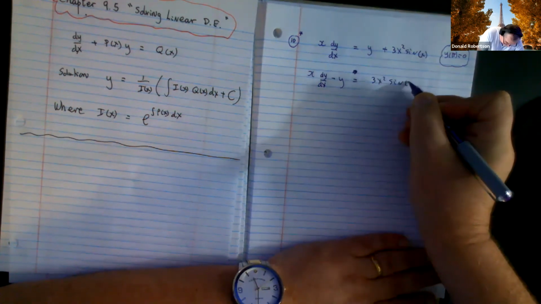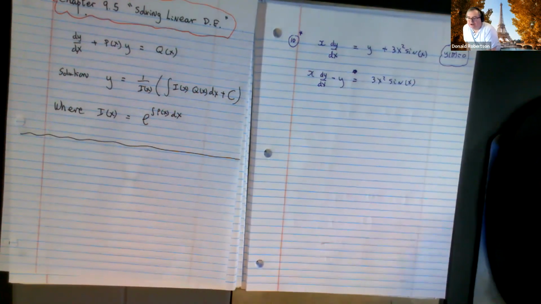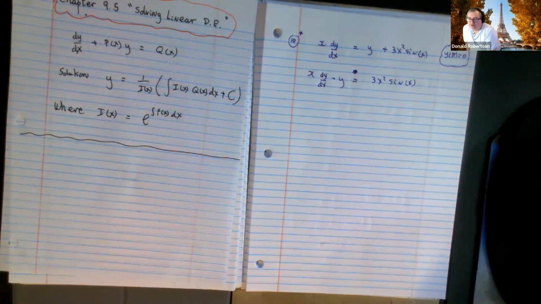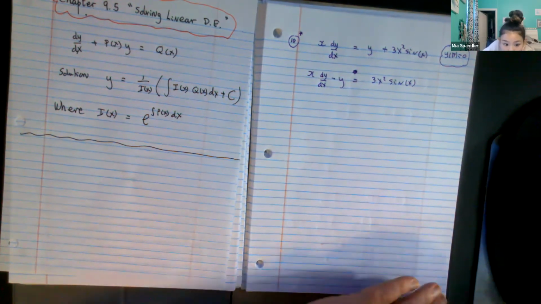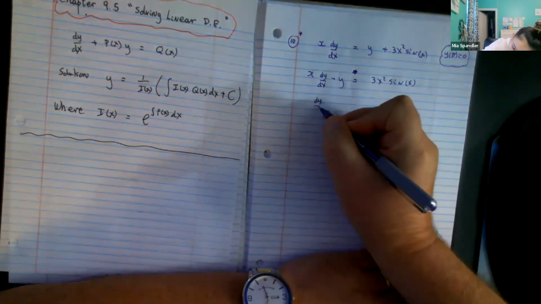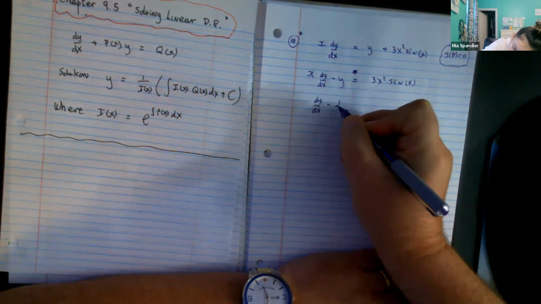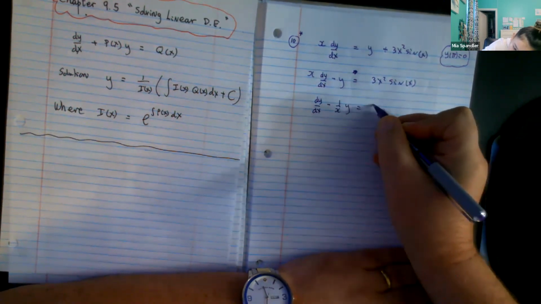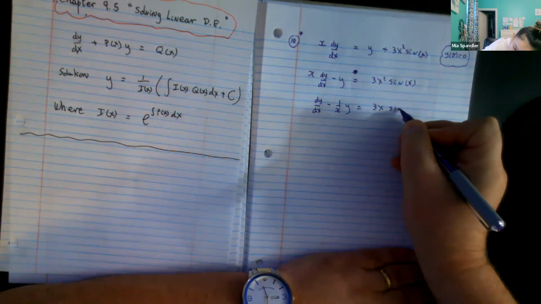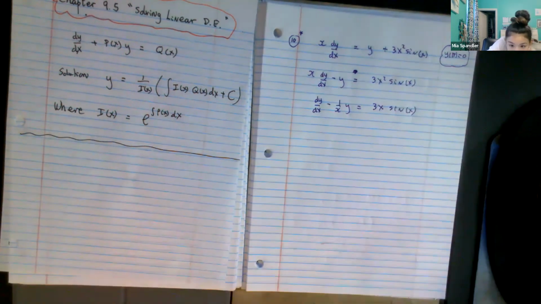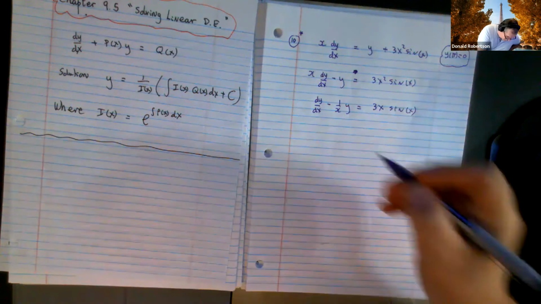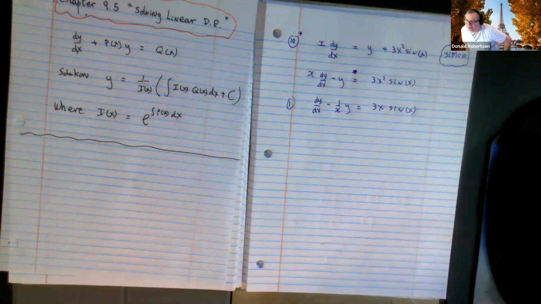Would you agree it's a little bit closer to what it needs to be? Again, same question. What should I do to both sides now? Divide by x. Would you agree that that's step one finished now? It's in its standard form.